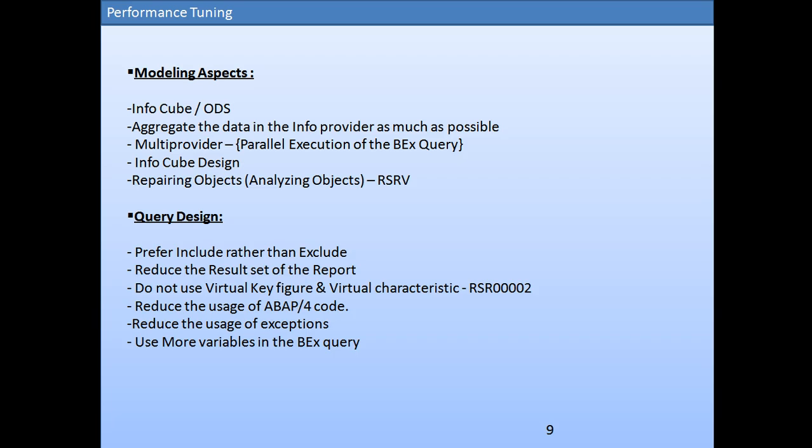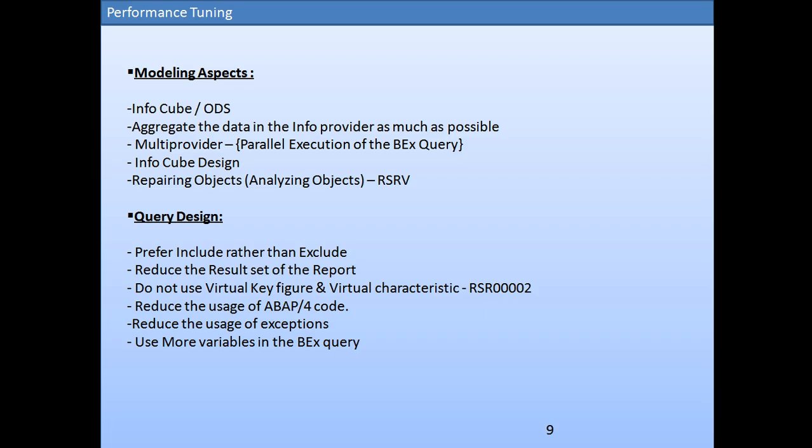And can I use this concept? Use more variables in the BEx query. So I'm showing some sales data. If I give a variable only on company code and select some company code, it is going to read all data of that company code. Many times the user gets a lot of data in the report, then tries to filter manually what they want.